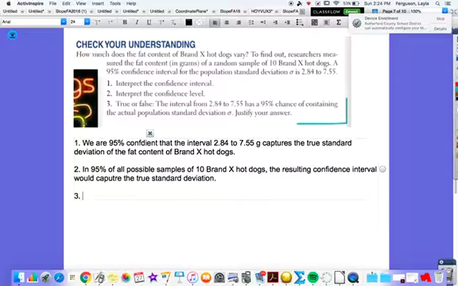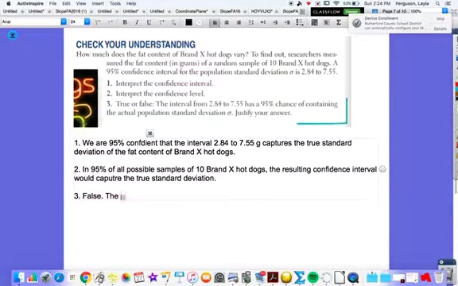All right, number three says true or false: the interval from 2.84 to 7.55 has a 95% chance of containing the actual population standard deviation sigma. Justify your answer. For this one, it's false.